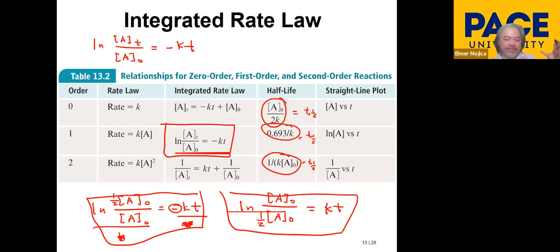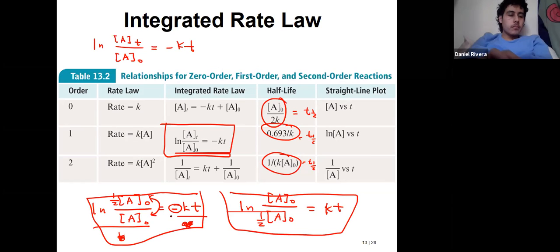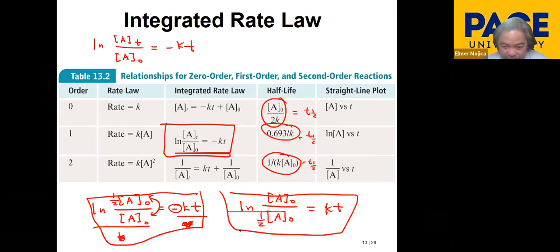So how will I eliminate the negative? What did I do? I just flipped it. So now that I have this one, I can remove the k by dividing both sides by k, because the t that I have here is definitely my t 1/2.